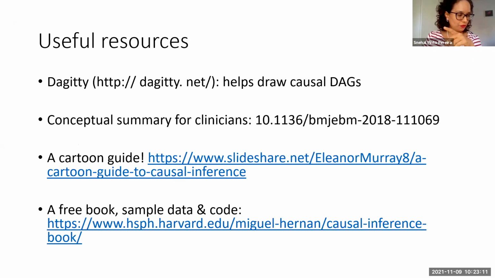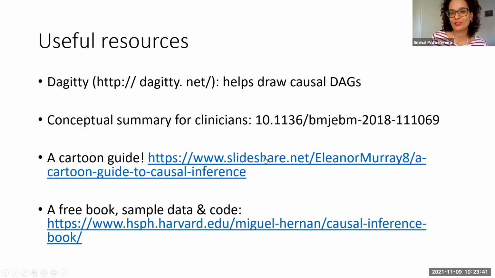Here are some useful resources about causal inference. DAGitty is a website that will help you draw the DAGs that I showed you earlier. I personally don't use it very much, but I think Tom is on this call and uses it often, so we can ask him questions about that later. I found a nice little conceptual summary for clinicians about causal inference, which I think is quite useful to read.